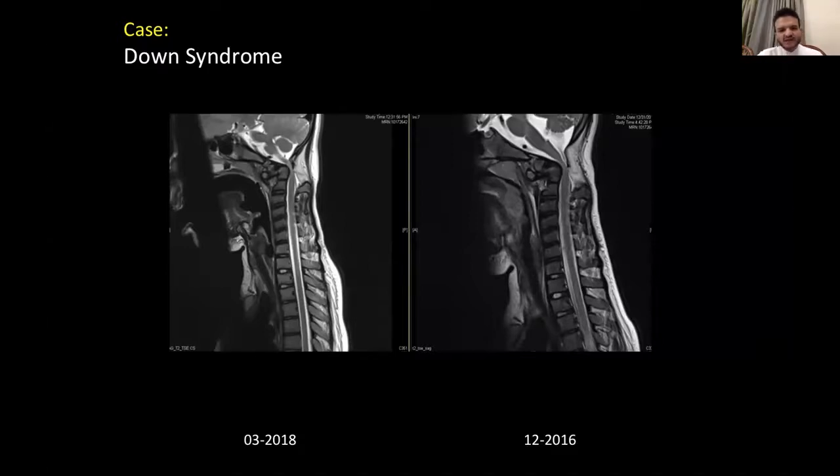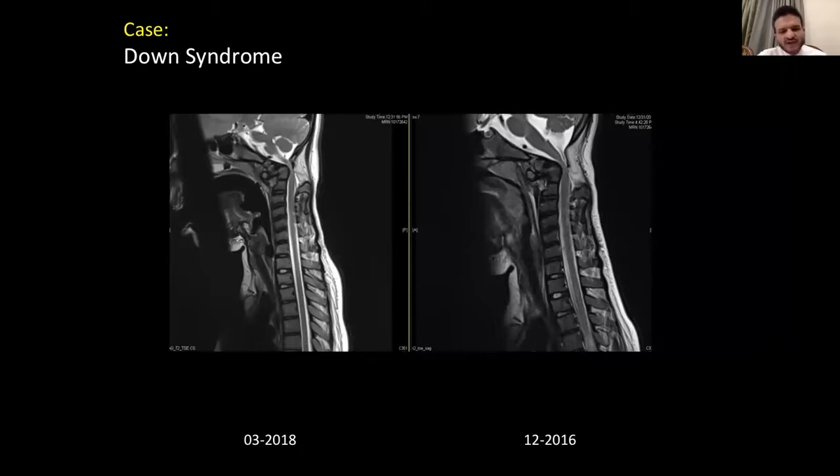And that explains two things. One, many of the Down syndrome patients, when they get worse, unless they get really worse, are not taken very seriously, neither by family nor sometimes even by the doctors, until they are not able to walk.